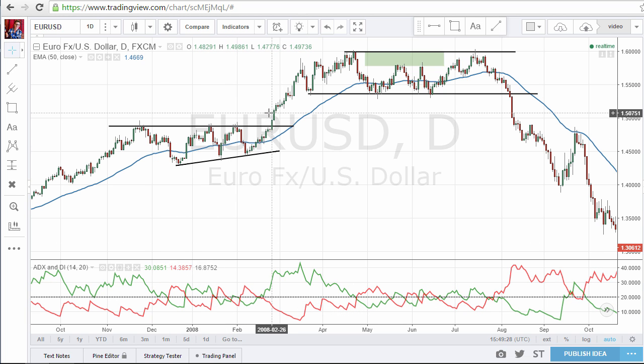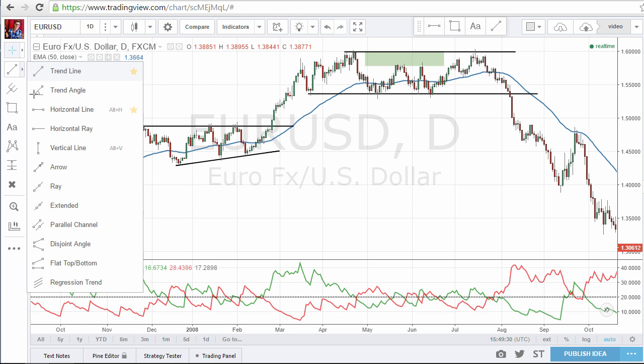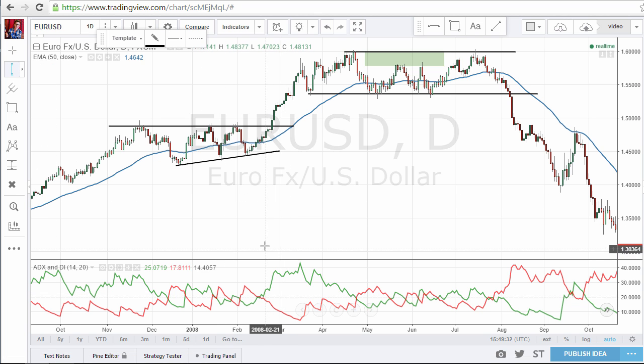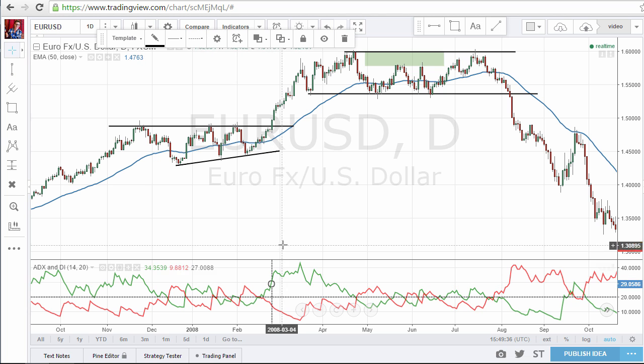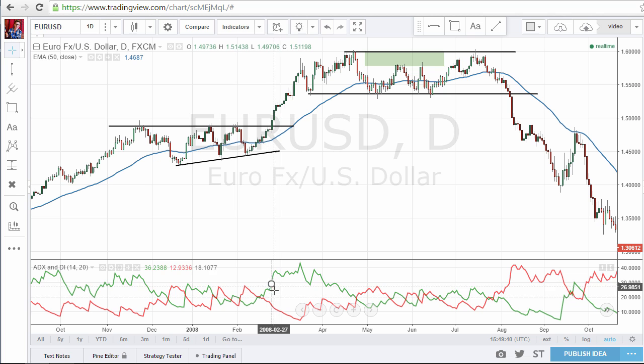Then here, once price broke the trend line, we can mark it on our ADX. You can see the crosshair, and once price broke the trend line that we drew here, the green was already well above the red one, and it was rising, which then signaled this long trend.